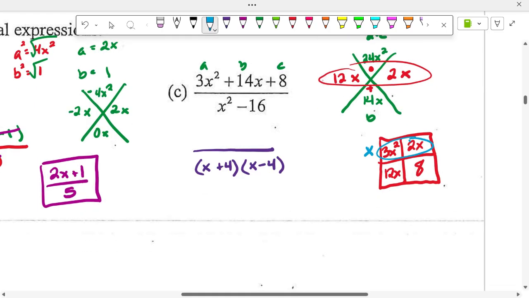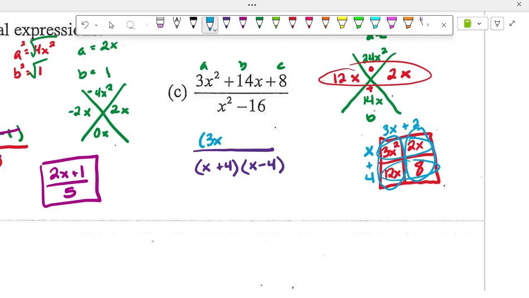Just x. What about this row? It's 4. So this would be x plus 4. What's the GCF of this column? 3x. GCF of this column? 2. So my two factors are 3x plus 2 and x plus 4.